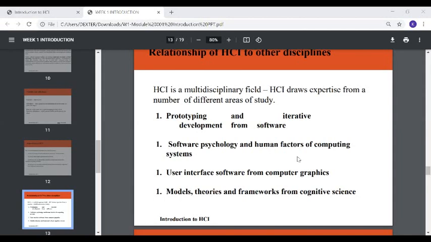Okay. Next, we have user interface software from computer graphics. An important facet of HCI is securing user satisfaction, or simply end-user computing satisfaction. Because human-computer interaction studies human and machine communication, it draws on supporting knowledge on both the machine and the human side.